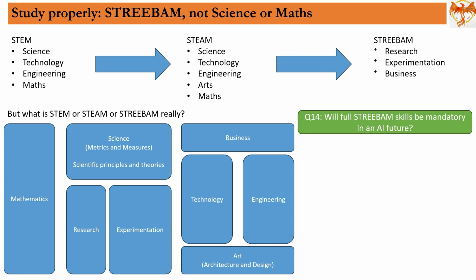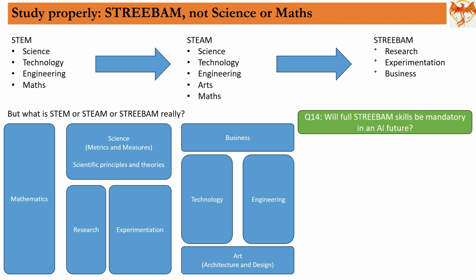So first question is, do you feel that full stream skills will be made mandatory in an AI future, where AI handles a lot of the low level jobs and mass manages them. For example, a lot of the engineering can be done by AI, but things like what kind of technology should we create or what kind of problems do we need to solve and so on may not be completely within the AI domain.